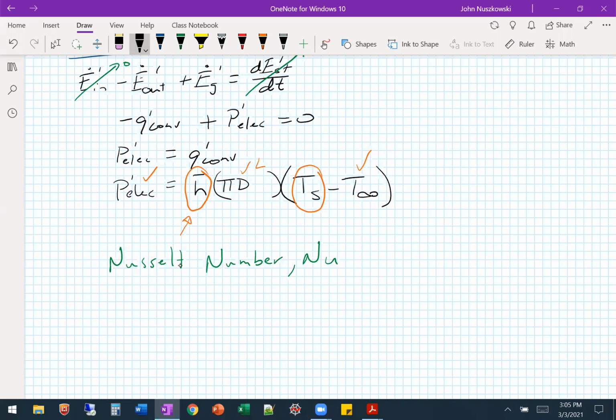Right, and we can write out what that is. We're looking for the average. Okay, so there's the general one right here, okay? And if we look at that one, we have diameter, we don't have the fluid thermal conductivity, and we're looking for that convection coefficient, and we don't have the Nusselt number, right?